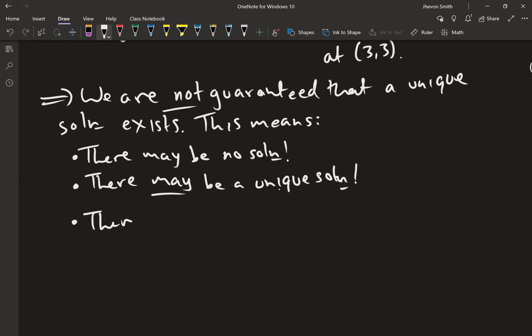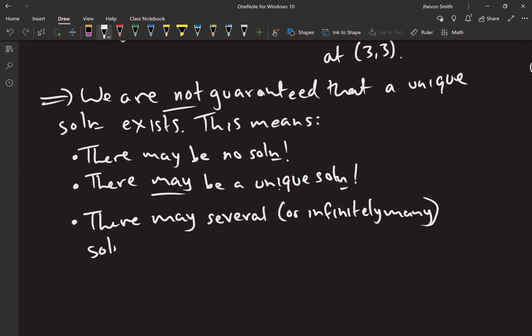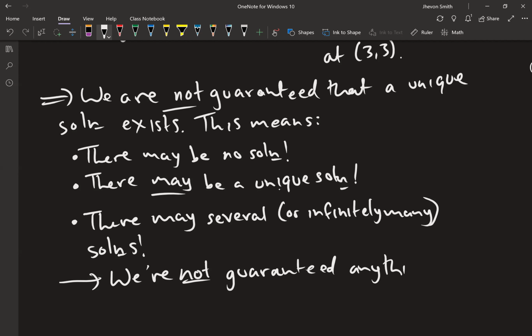There may be several solutions. There are even cases where there are infinitely many solutions. The idea is we're just not guaranteed anything. We don't know which until we actually start to solve the problem.